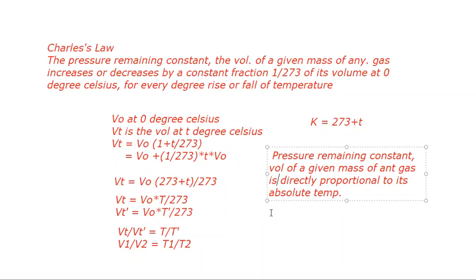V1 by V2 is equal to T1 by T2, or V proportional to T. So this is Charles' law.